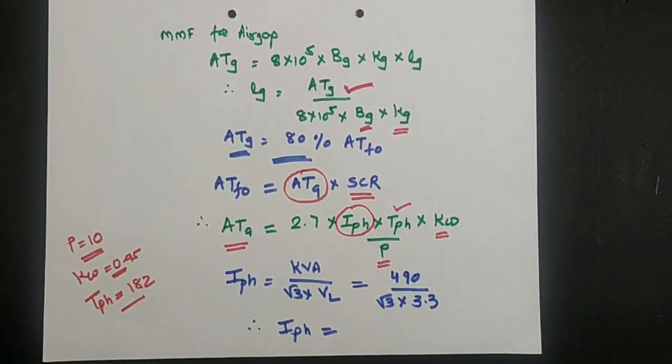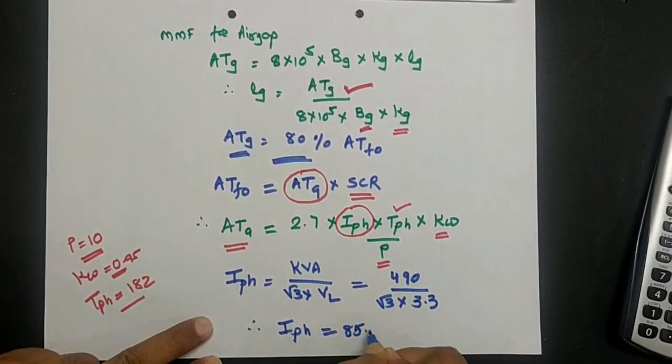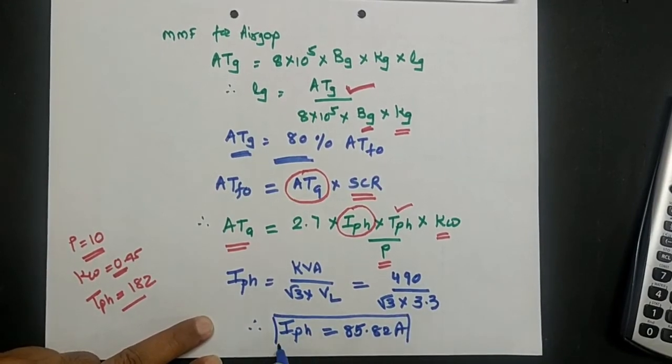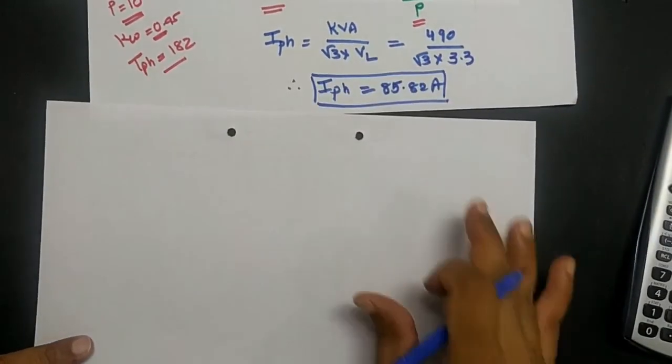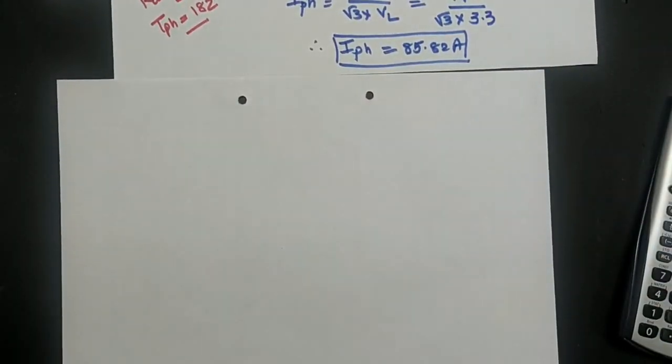So 490 divided by 1.73 and divided by 3.3 comes to 85.82 ampere. Now that the current per phase is available, we can calculate the ampere turns for the armature.